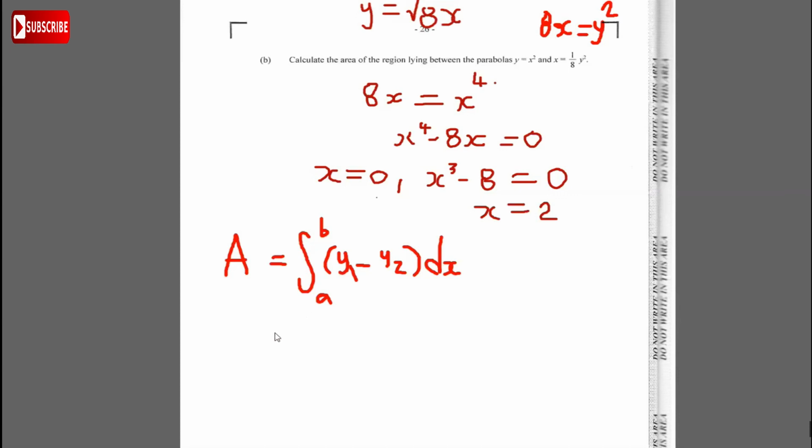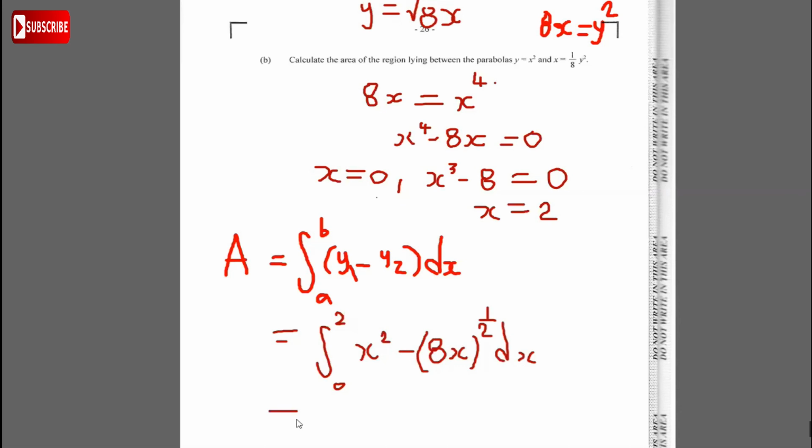So in this case, the area is going to be equal to the integral from 0 to x being 2 of y1, we can call y1 x squared, minus y2, we can call y2 8x to the half power, all right, dx. So let's go ahead and do this integration.